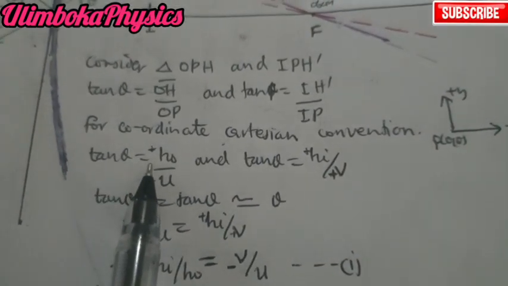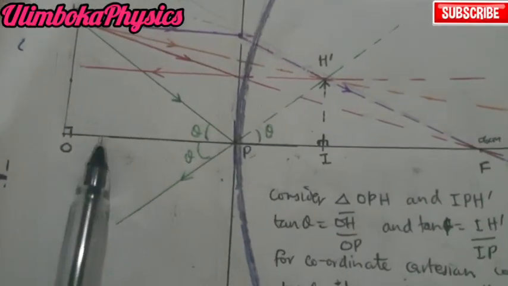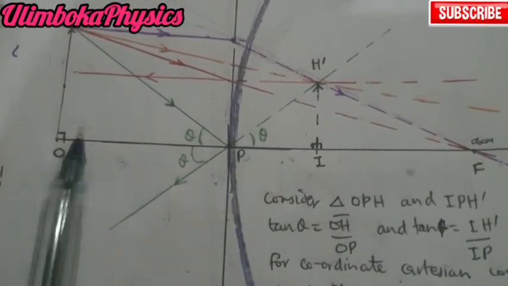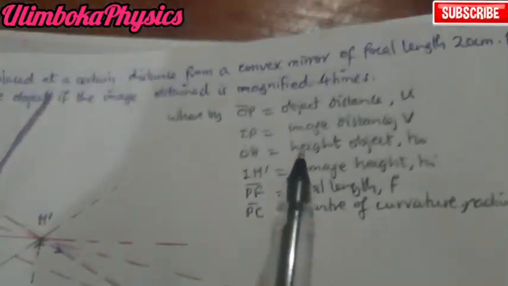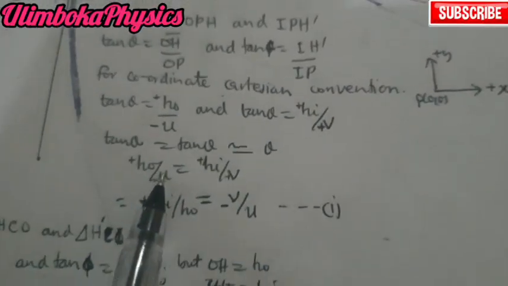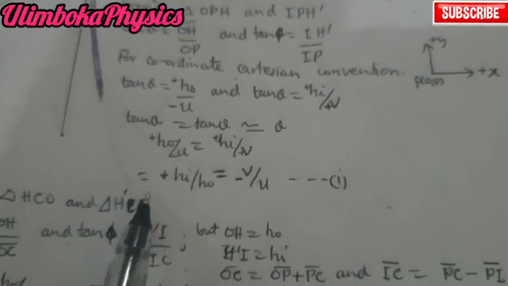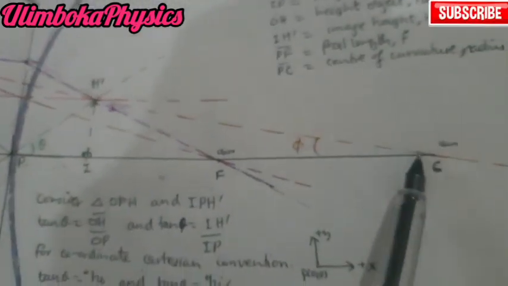This tan theta is equal to h naught divided by u, as you can see here. u is the object distance OP, and OH is h naught, and here IP is the image distance as defined here. And IH is the height of the image, and therefore we have this expression as equation 1.